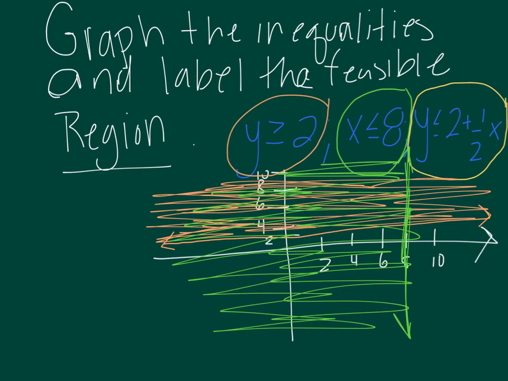So lastly, we have this example. We have y is less than or equal to 2 plus 1/2 x. So let's go back. 2 is our y-intercept, so I'm going to go on that 2 right here, and I'm going to go up 1, to the right 2, and keep going.